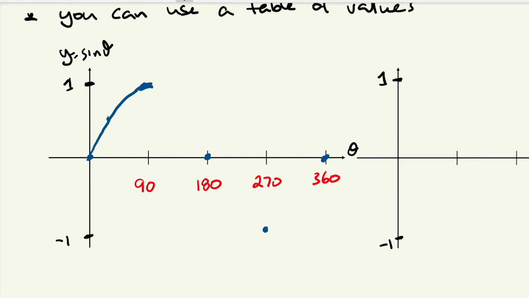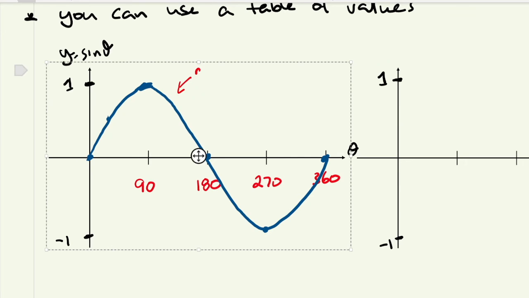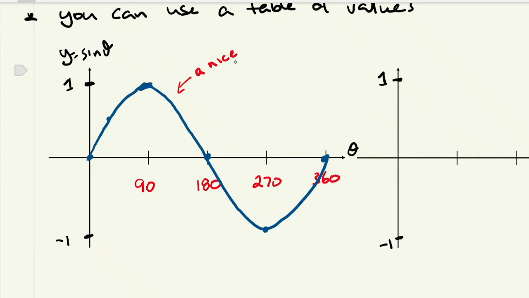So that should be the top of the hill, back down, bottom of the valley, and back up again. Okay, so that's what it should look like, a nice smooth line, but not straight.